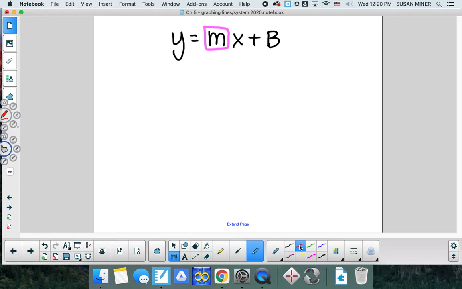Let's make a list here. I'm going to draw a table, and the m, remember, represents the slope. It is our slope number. This would be something awesome to write down in your notes.